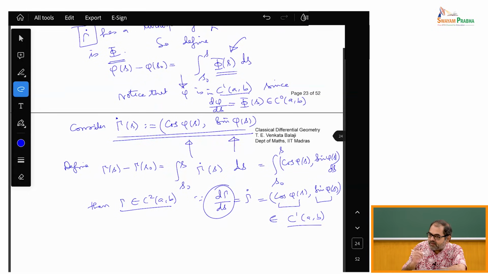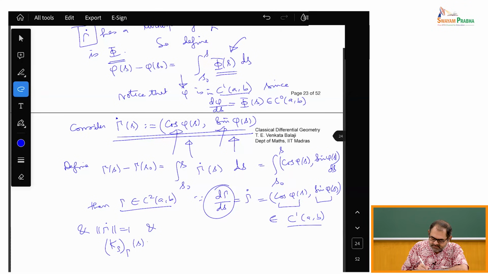By definition the norm of gamma dot is 1, and it is actually 1 because gamma dot is just (cos theta, sin theta), so it is a unit speed curve. By definition the sine curvature of gamma is exactly capital phi, and k_s of gamma at s is d phi sub gamma of s by ds.